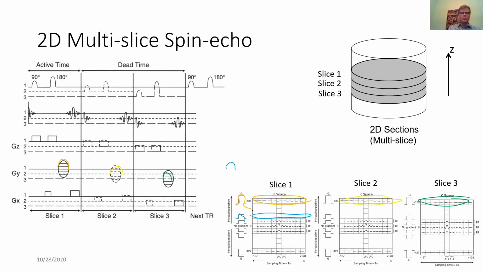Okay, and here's this concept of active time and dead time. The active time is the time required for all the pulses to acquire the data for a single slice. And then it's this dead time in which we can interleave and acquire our other slices.